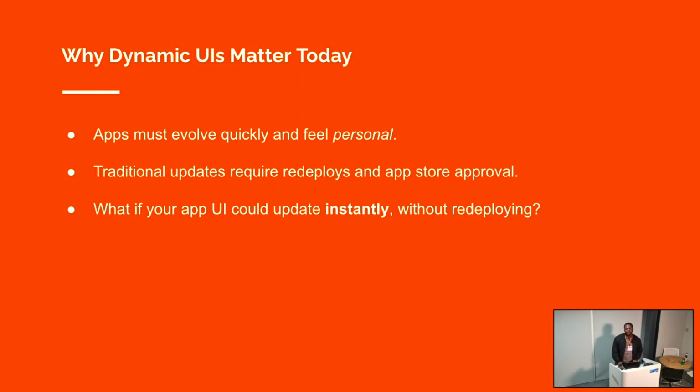Some of us here are mobile developers, and we've all faced different types of issues, whereas you want to push a new feature to your users. In the traditional way of pushing new features, you have to go through a release cycle, and some of us are familiar with how difficult the App Store release process can be.